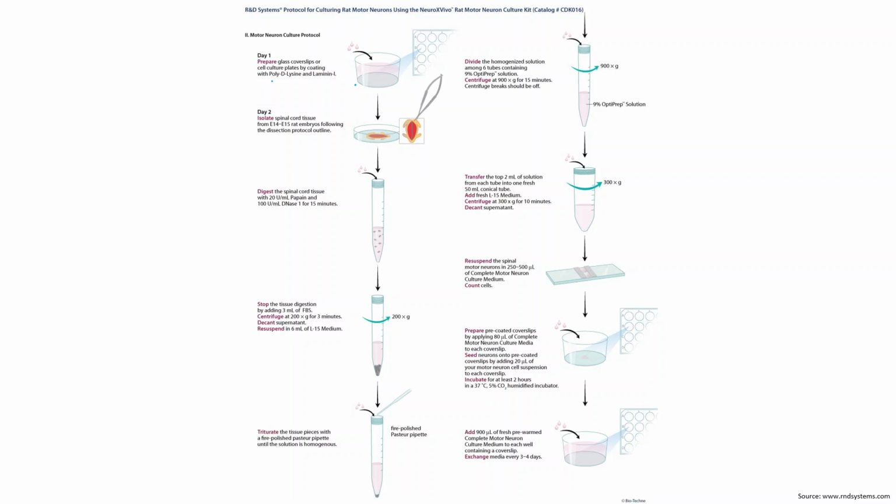Suppose we are coating our plates with poly-D-lysine or laminin or any other kind of ECM which we have already discussed in previous lectures. Okay. Once you have coated your plates, they are ready for culturing. Then on the next day, you can isolate the spinal cord tissue at E14 or E15 stage, which is the embryonic day stage.